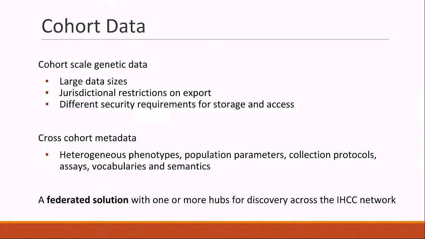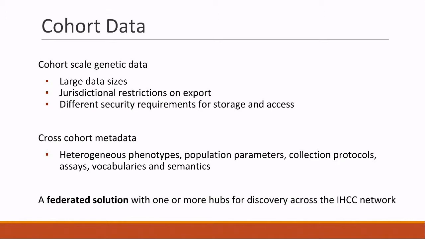We have to acknowledge that the cohorts operate in different jurisdictions, different countries, different continents, and there may be restrictions on how that data can be exported across international borders. A consequence of that is that there are going to be different security requirements for storing and accessing those data sets. That's on the raw data side.